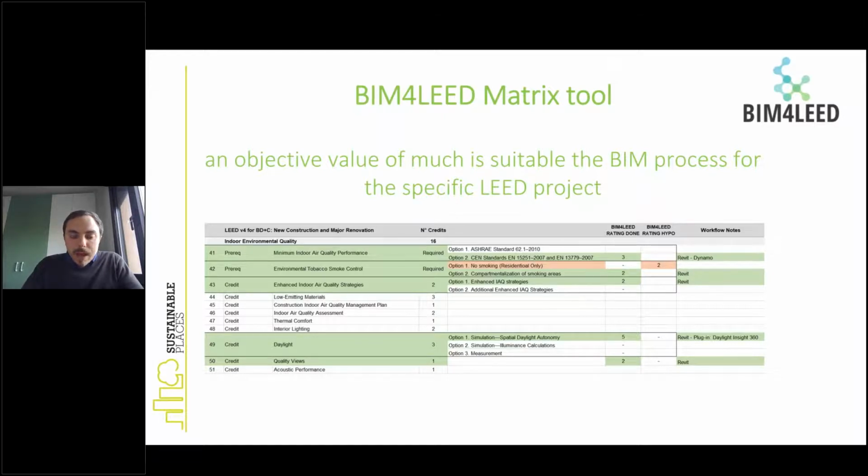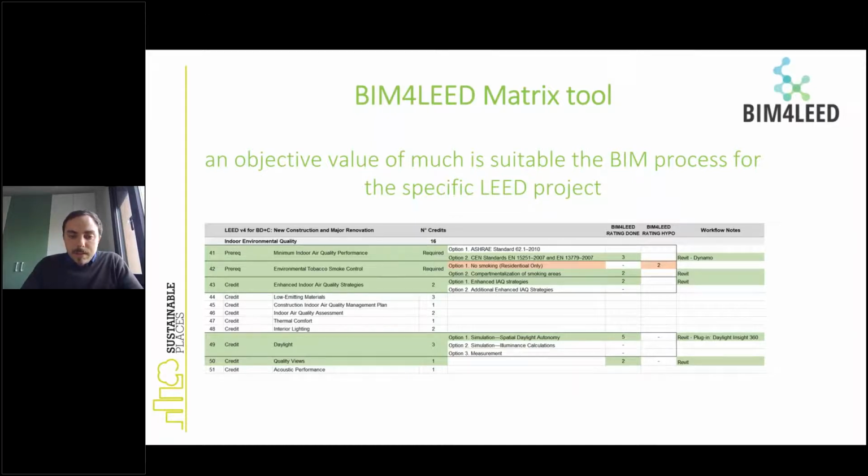And we also add new information, information that is useful for the LEED AP at the initial stage of the project.